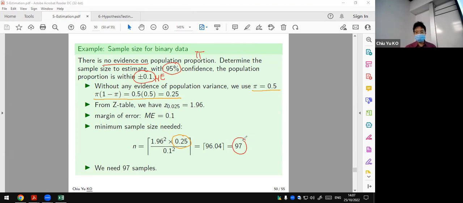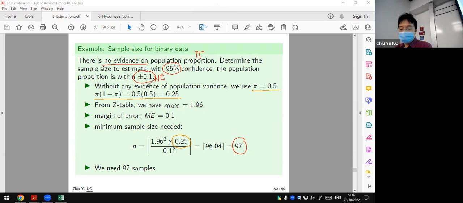So you can easily see that in daily news, when they talk about how many people like a particular candidate in the election, they would need to ask about 100 people to achieve plus or minus 1.